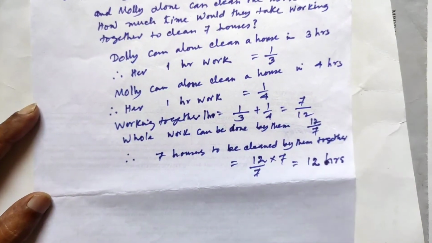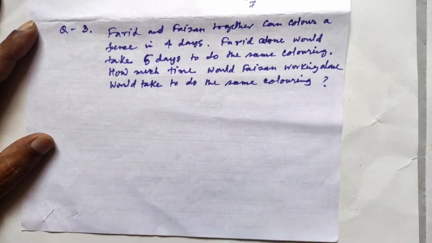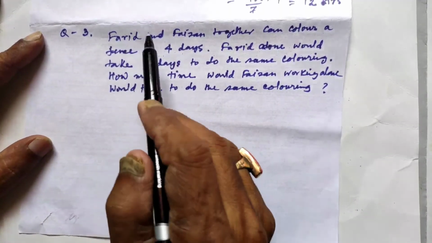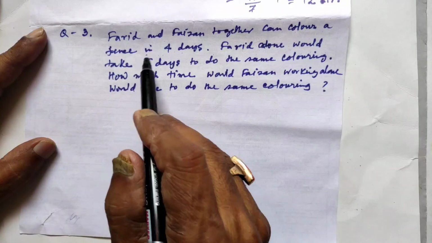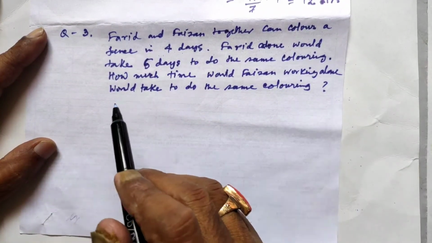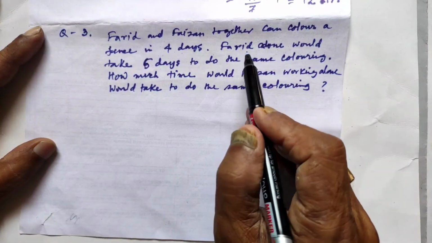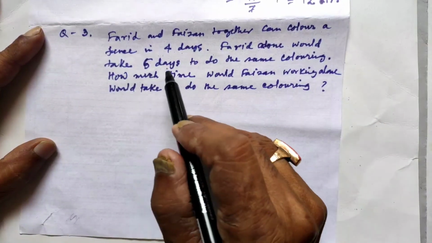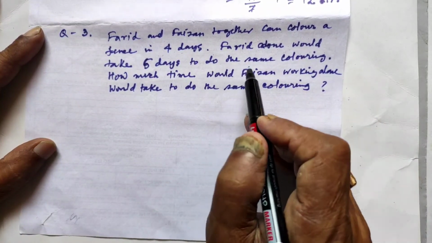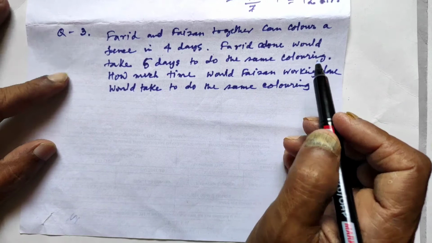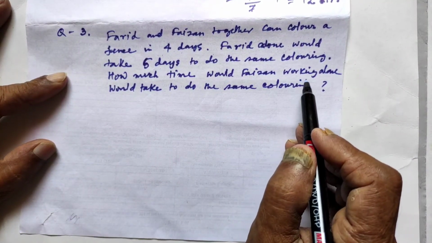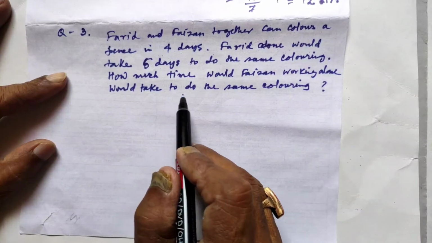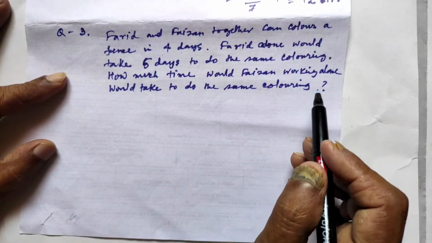So this sum says that Farid and Faizan together can color a fence in 4 days. Farid alone would take 5 days to do the same coloring. How much time would Faizan, working alone, take to color the fence?